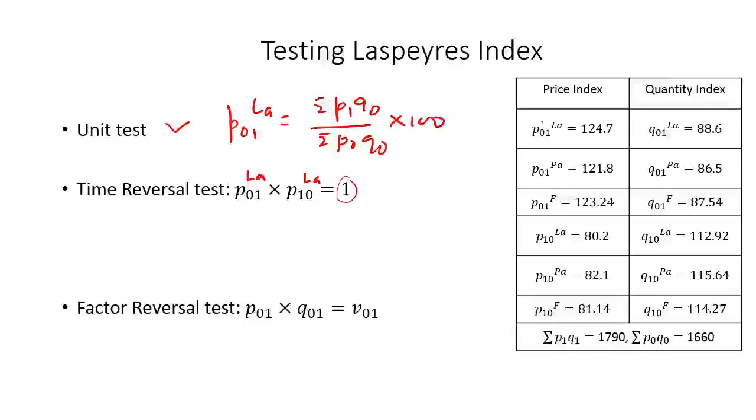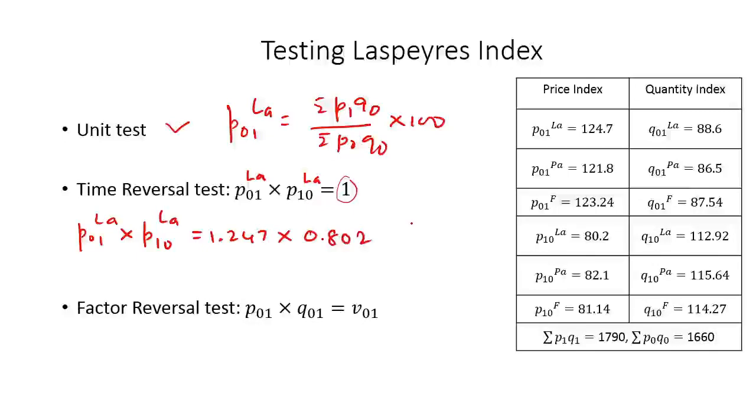So P01 Laspeyres into P10 Laspeyres, it is 1.247, without the factor 100, and P10 Laspeyres is 80.2, which is 0.802.